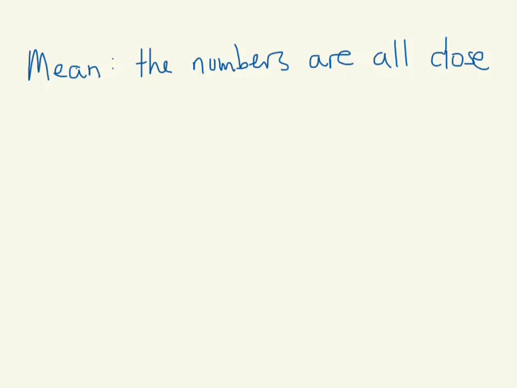The reason being, if you have a very small number or a very big number, outliers, they're going to really alter the overall mean and not give you an accurate picture of what's going on. The median would be a good choice to use when you have outliers.